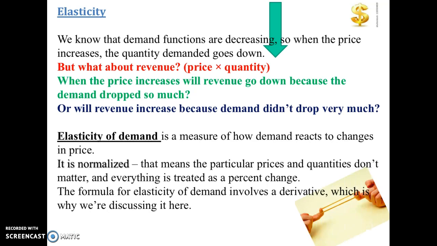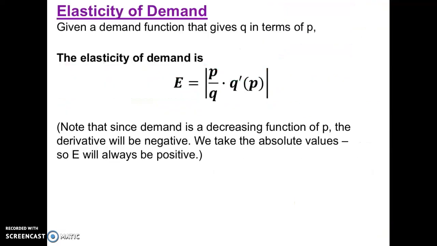Here's the definition. Let's go through. Elasticity of demand is a measure of how demand reacts to the changes in your price in your company. It is normalized. That means the particular prices and quantities don't matter that much, and everything is treated as a percentage of change. The formula for elasticity of demand involves a derivative, which is why we discuss it in business calc.